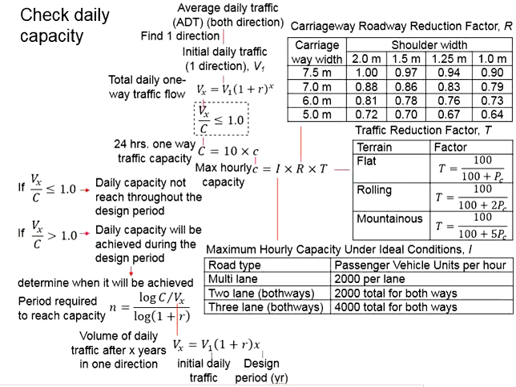You will know that the road capacity has been exceeded sometime during the design period. Now you will need to determine when the traffic capacity is exceeded, so that we can plan ahead, probably an extension or widening of the roads sometime before the traffic capacity is reached.